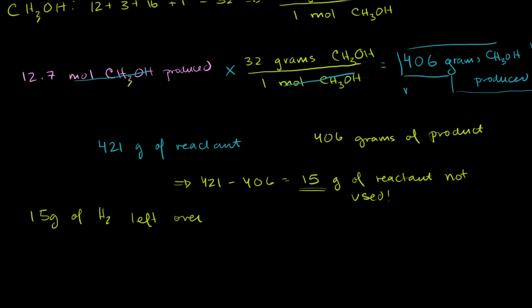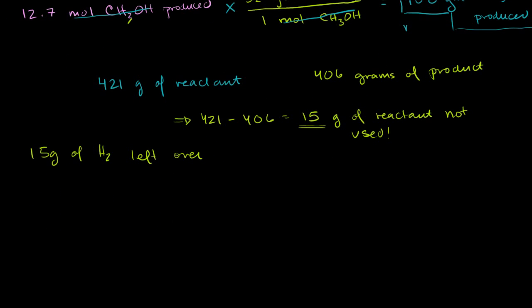Let's do that. In fact, I just want to make sure you understand. So we are starting off with 12.7 moles of carbon monoxide, and we know that 2 moles of hydrogen are required for every 1 mole of carbon monoxide.